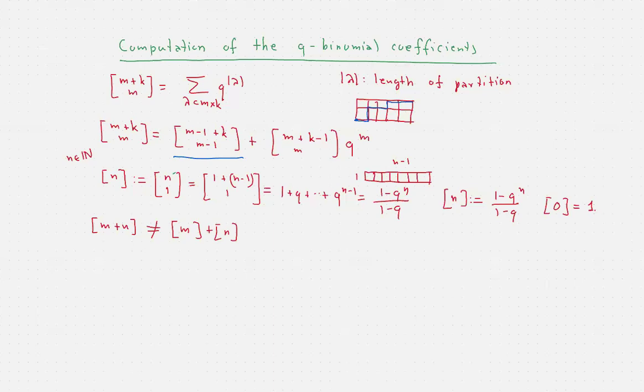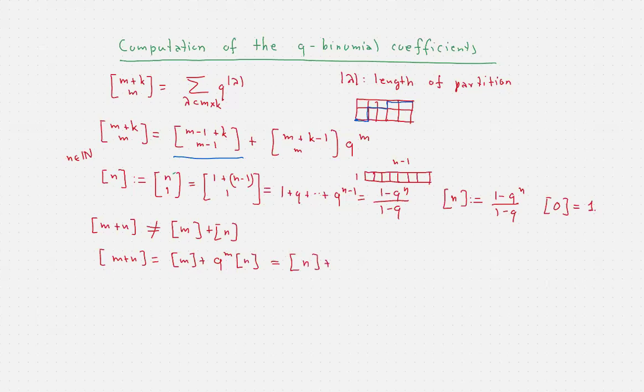So basically, for these numbers, m plus n can be given in two ways. Either it can be m plus q to the m times n, or it can be n plus q to the n times m.